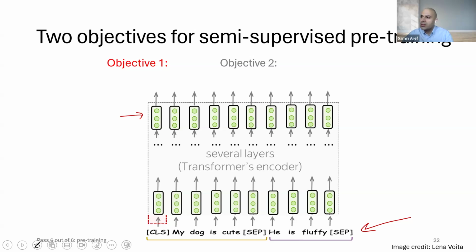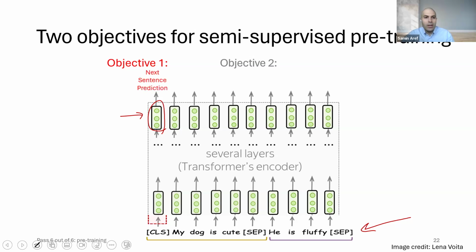Based on these vector representations, there were 2 different objectives used for calculating the loss and operationalizing the pre-training of BERT. Objective 1 was only based on the vector representation for CLS, which we saw a bit earlier in Python and in pass 2, I believe.